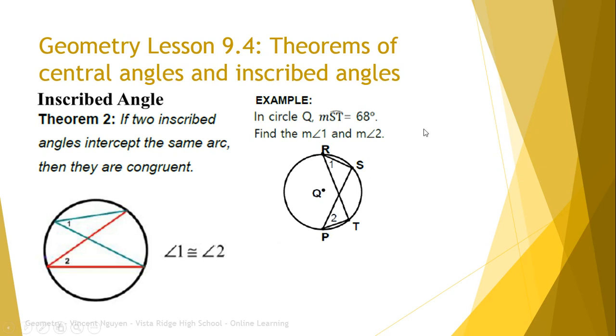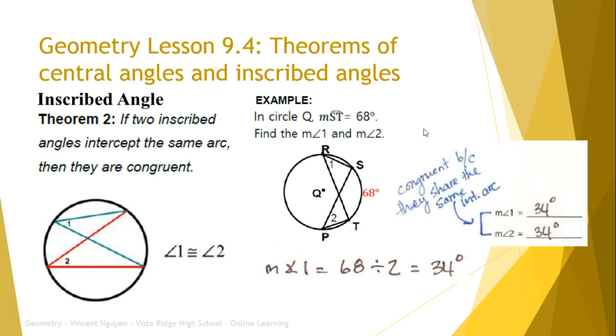So if you find one angle, you'll find the other one. They give us ST is 68, which means angle 1 would be half of that, 34. Because angle 1 and angle 2 are the same, angle 2 would also be 34 degrees because they share the same intercepted arc.